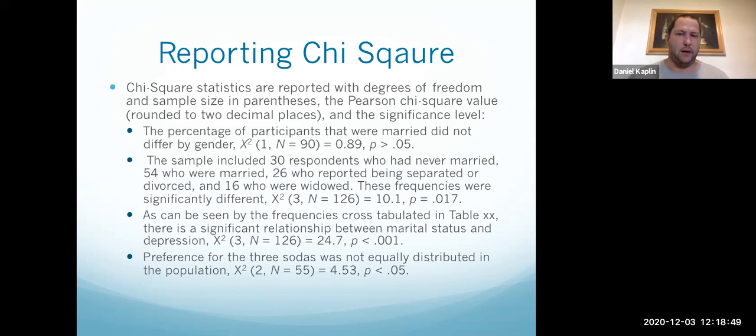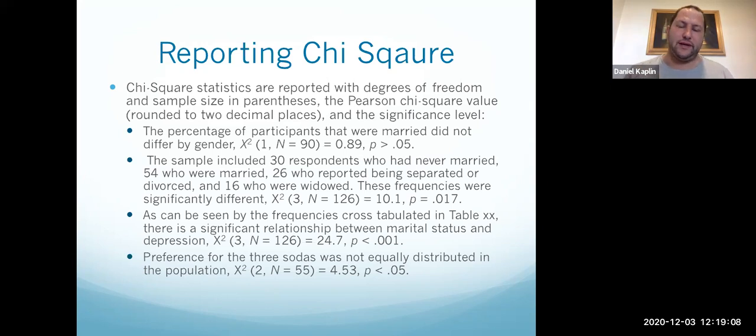So if we were to look at this, and we would have to do it as categories in this case, the marital status would be, there are 4 of them, right? Never married, married, divorced or separated, and widowed, right?